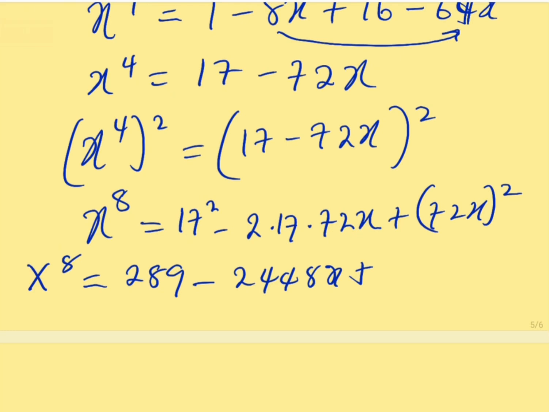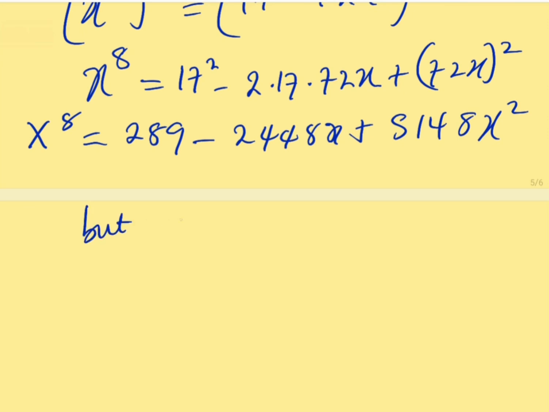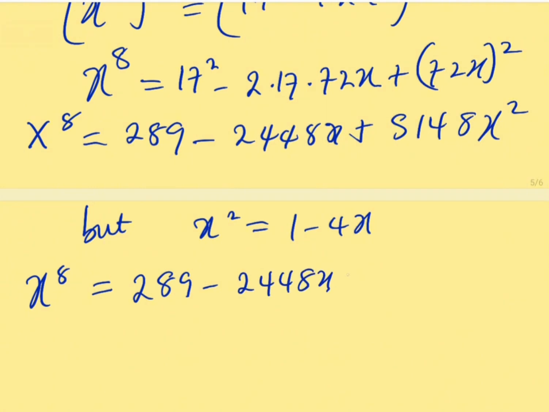2 times 17 times this is this, then plus 72x all squared. Okay, now if we square 72, 72 squared will give us 5184x squared. That is what it will give us. But remember that x squared is equal to 1 minus 4x. So x to the power of 8 will now be 289 minus 2448x plus 5184x squared.